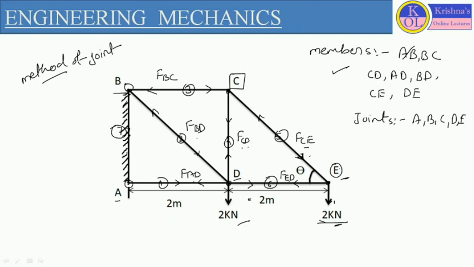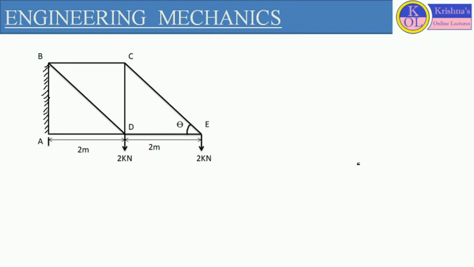And on the basis of the method of joint concept, we can define all the forces acting on the members. So let's do the analysis. If we want to define the actual forces on each and every member, first we need to do some basic calculation.